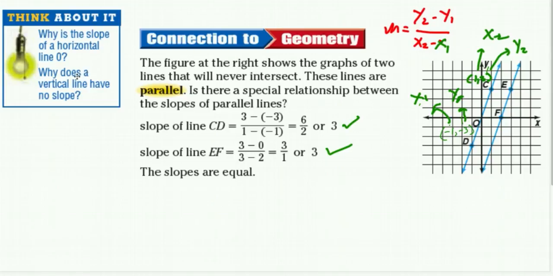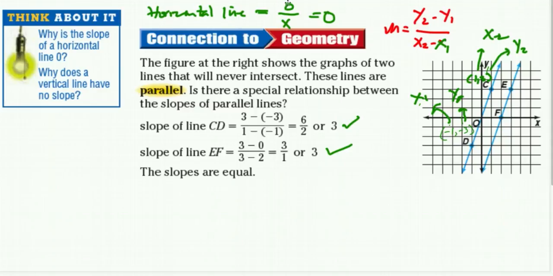In a horizontal line, your change in y would be 0, and you will still have a change in x. And when you divide 0 by any number, the result will always be 0, and that's the reason why you have a slope of 0 for a horizontal line.